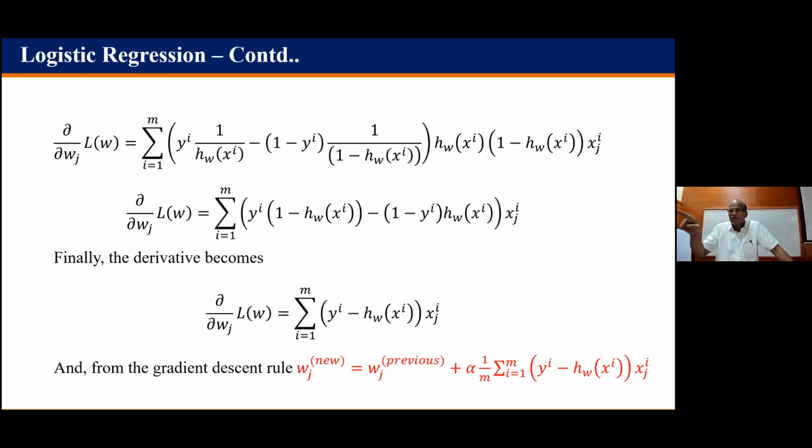If you substitute your original values of W0, W1, W2, W3, you get the proposal hW of xi. Yi is the data point, and xj is the jth term for the ith value. Now you sum it over all the samples, multiply by alpha by m, and you will move W1 like this. Similarly, move W0, move W2, move W3.